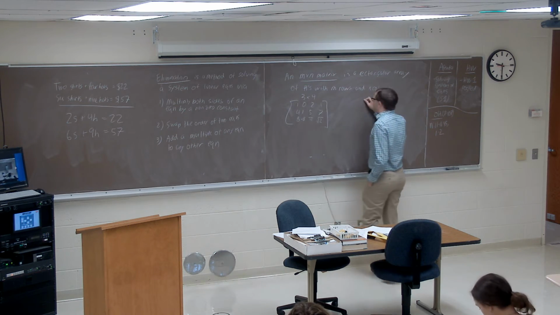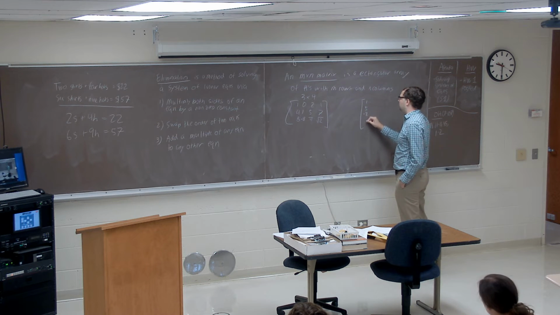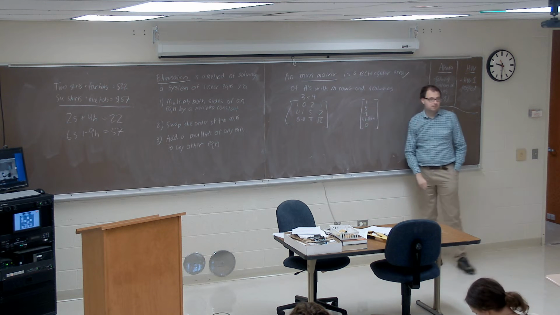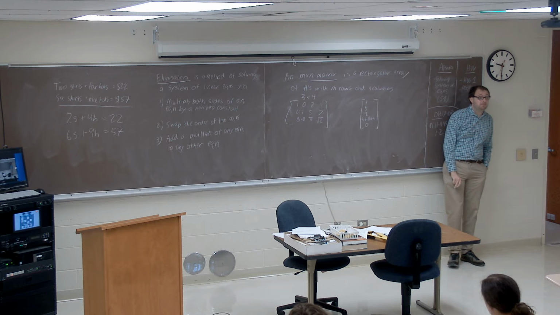Whereas if we compare that to something like, I don't know, 1, 5, -2, 9 billion, 0. What would be the m and the n in this case? This would be a what by what matrix. 5 by 1.